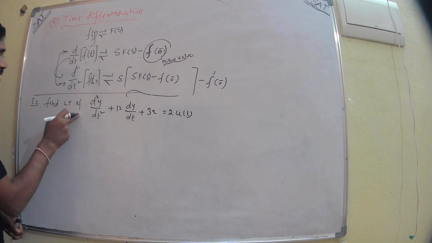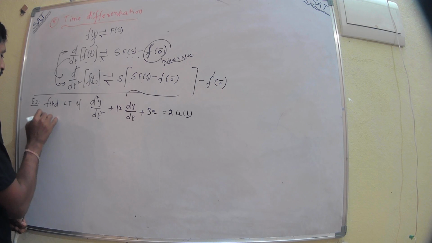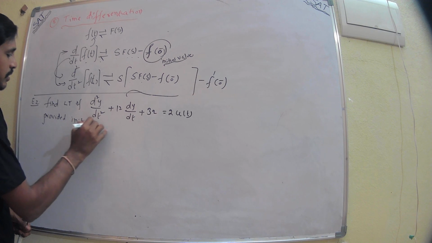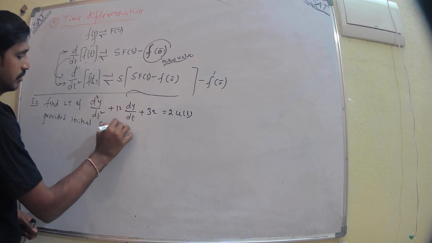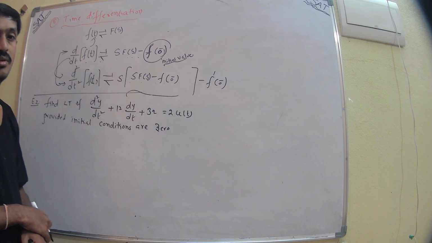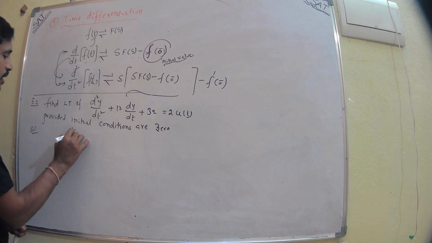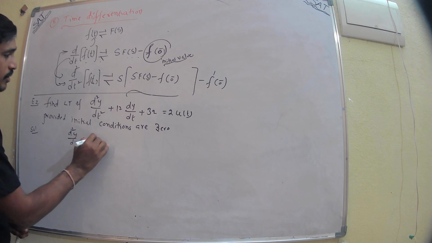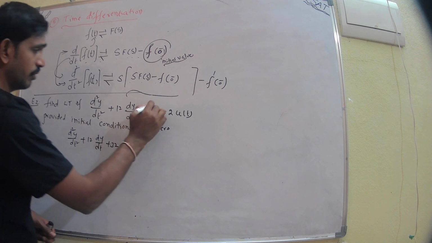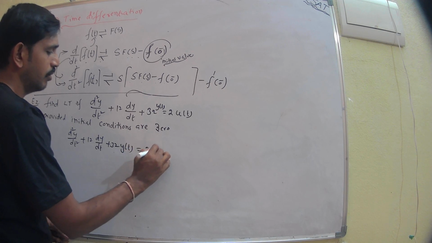Find the Laplace transform of this function, provided the initial conditions are 0. So we can write here d square y by dt square plus 12 dy by dt plus 32 y of t is equal to 2 into v of t.